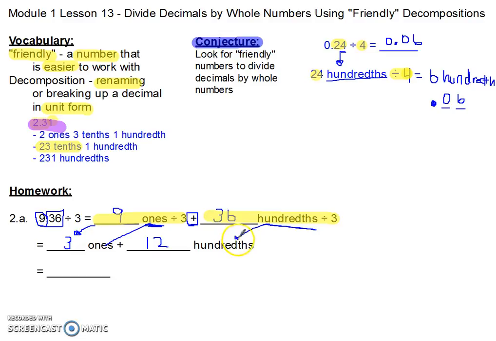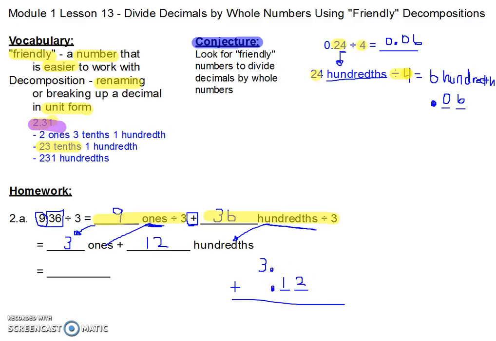And then the last part is they're asking you to write it in a standard algorithm. So you'll take these numbers, 3 ones, and you're going to add it to your 12 hundredths. And remember, you want to line up your decimals. So we have 0, hundredths is 2 columns over, and then I fill in my 12.